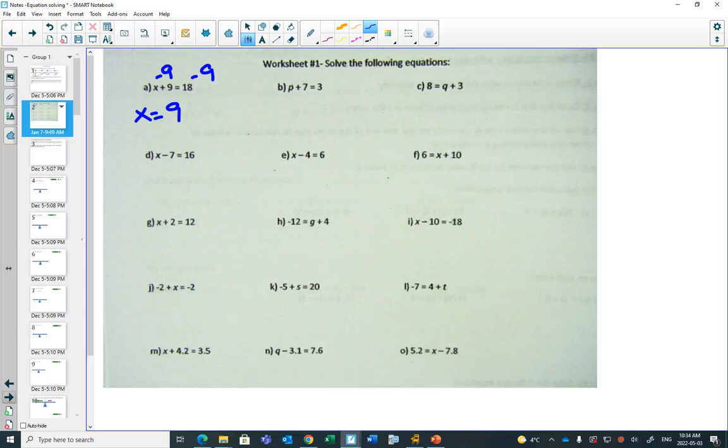Something minus 7.8 is 5.2, and all of a sudden, because they're decimals, your brain doesn't like to work with that much thinking. So this would be a good one where you could show I need to add 7.8 and add 7.8. That would make this side just x, and then I could go to my calculator or do this in my head and find out that x is equal to 13. Sometimes when you're dealing with negative numbers, it's easier if you show the work. Something minus, if you look at I, something minus 10 is minus 18.